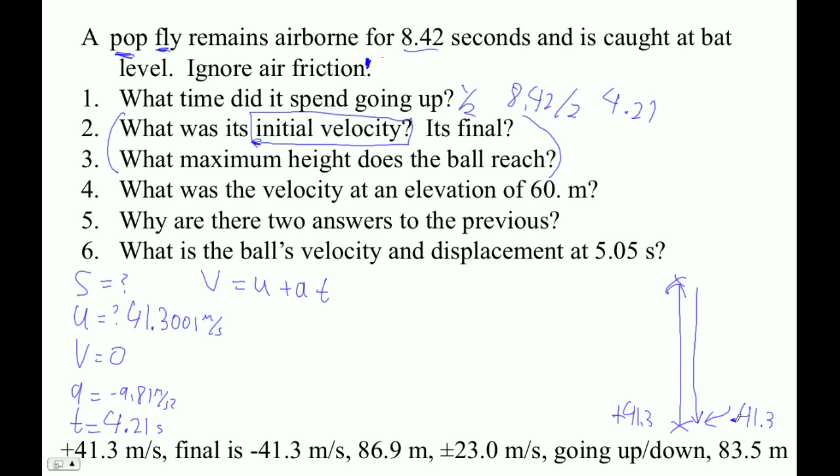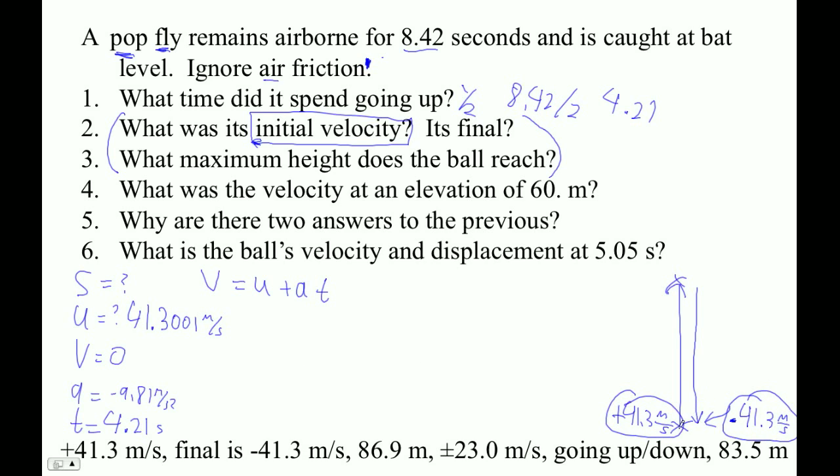Because if it hits slower, that means it lost energy to air friction, and we're ignoring air friction. If it hits faster, then it got energy from the void or something. So when it says final velocity, they mean the velocity upon hitting the ground, and this is our initial.